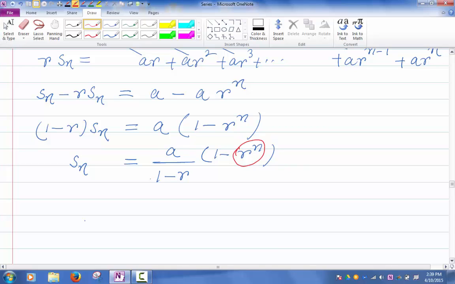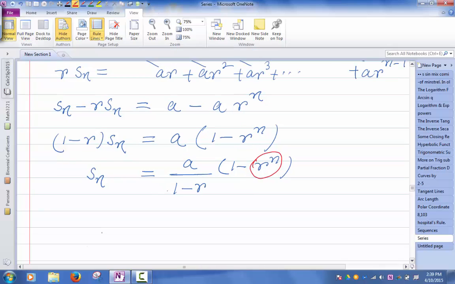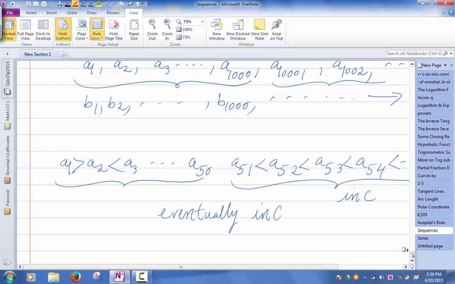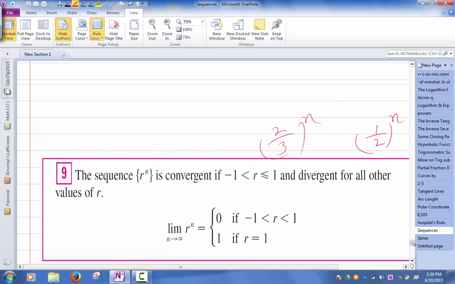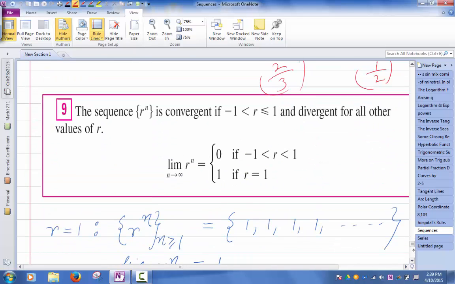Let me show you what we said last time about this sequence. The sequence r to the n is convergent if r is between -1 and 1, and it is divergent for any other values of r.